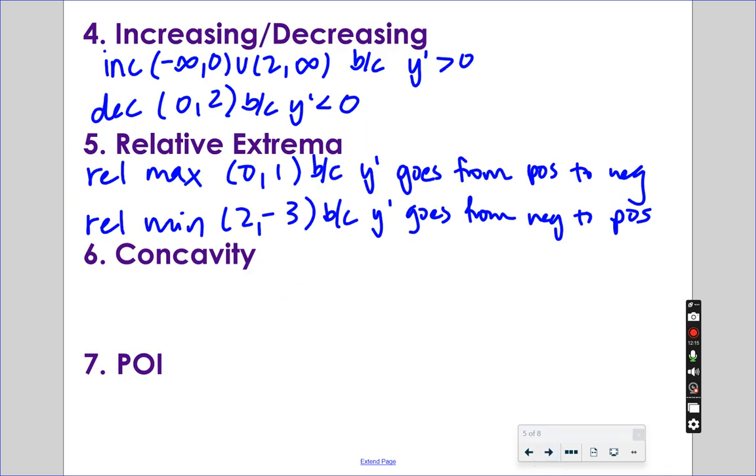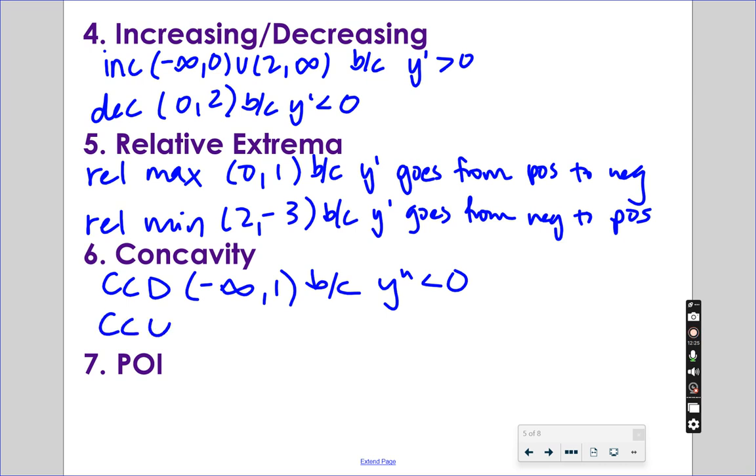Concave down from negative infinity to 1 because y double prime is less than 0. Concave up 1 to infinity because y double prime is greater than 0. Any points of inflection? Yep, y double prime changed sign, so it's at 1, we gotta plug in 1.